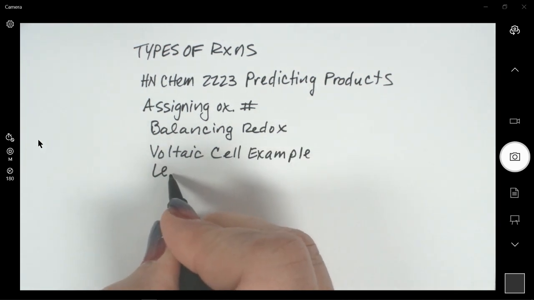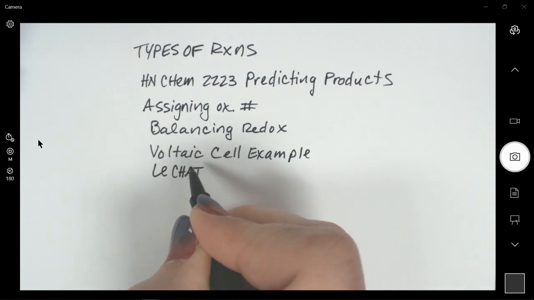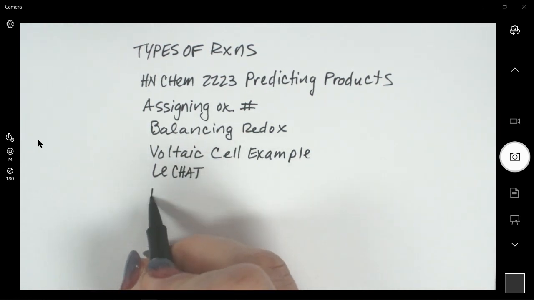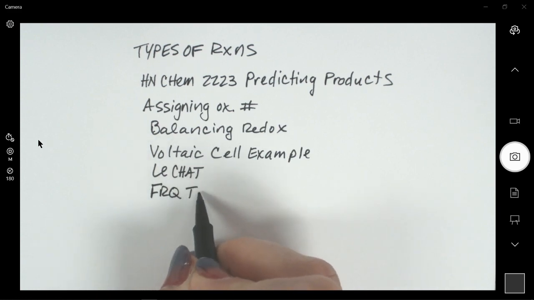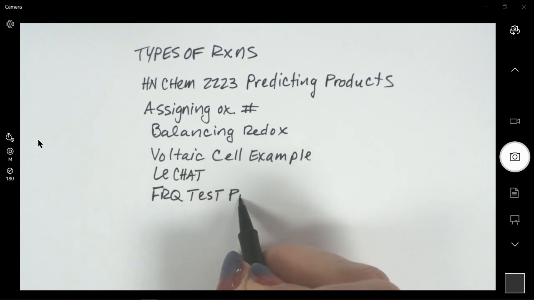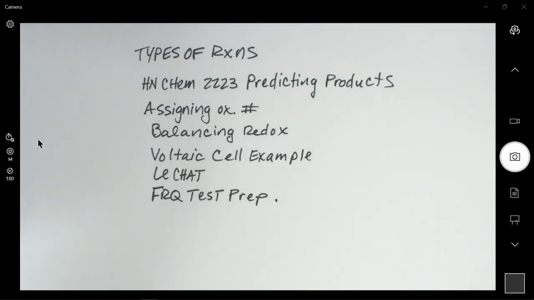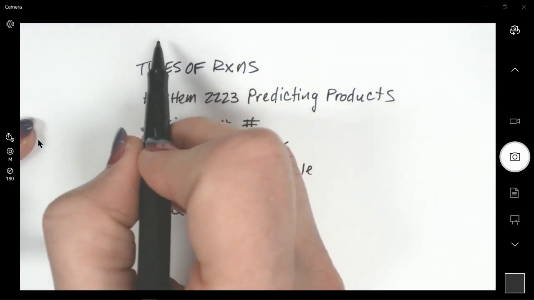And the SHATS, and FRQ test prep. Oh, and you have a table, a stamp table.